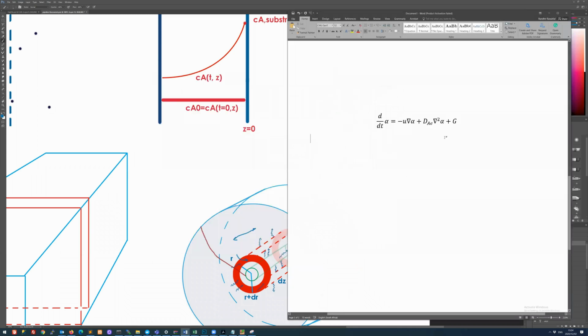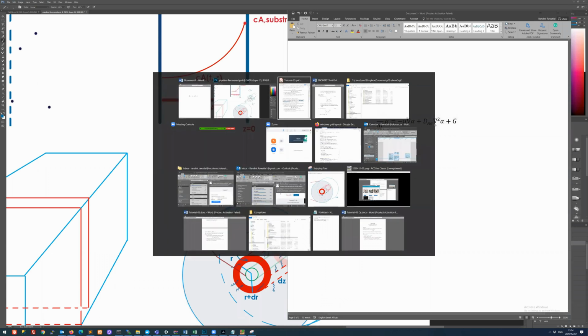Now, when we go to this equation, we have to look up the form of this equation for this geometry. And in fact, in the notes I've given, I pulled it up for this session.